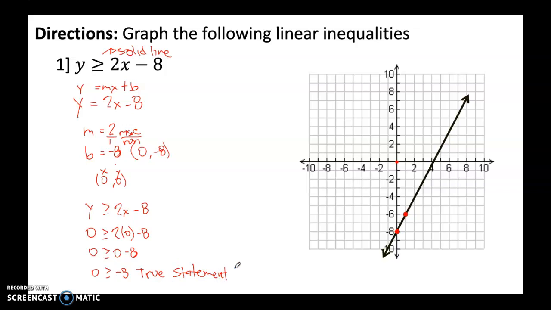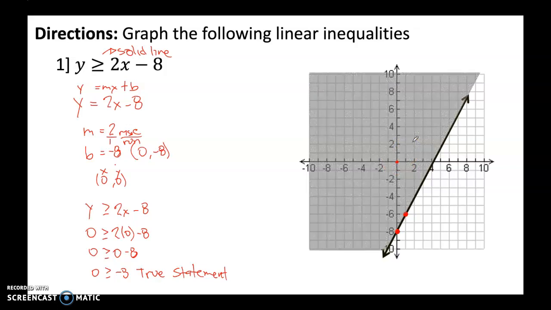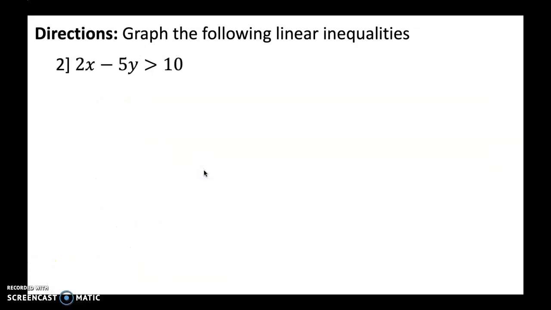So we put the half plane including the point of origin, or ordered pair (0, 0). So that will be the graph of y is greater than or equal to 2x minus 8. Let's have number 2. We have 2x minus 5y is greater than 10.